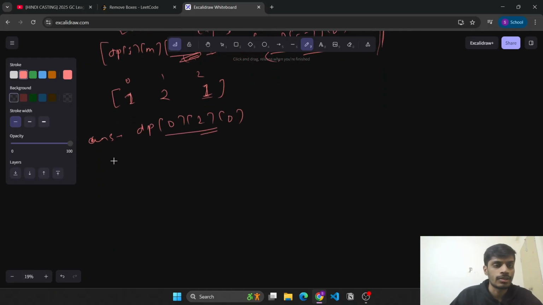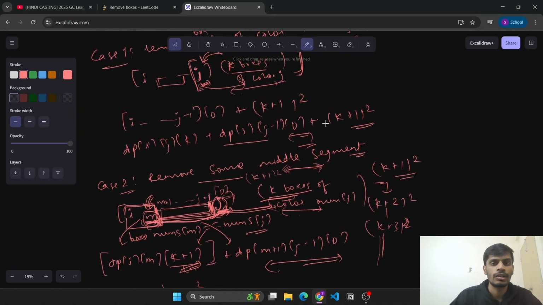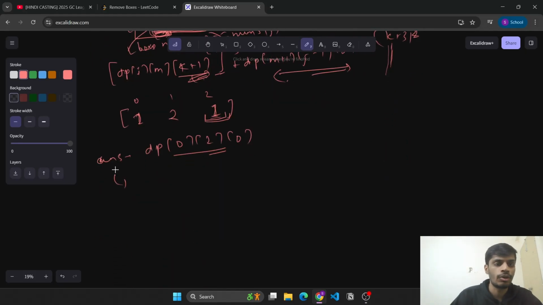Now what are the cases? We utilize case 1 here. Case 1 was k plus 1 square plus dp of i, j minus 1, 0. So we call dp of 0 1, and k was 0, so plus 0 plus 1 square. This was case 1.